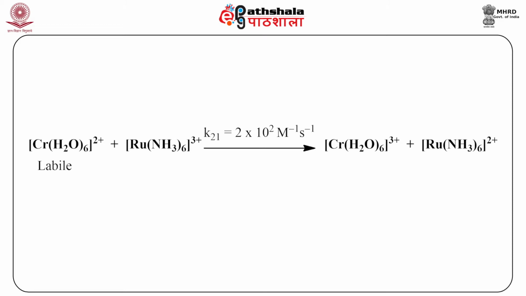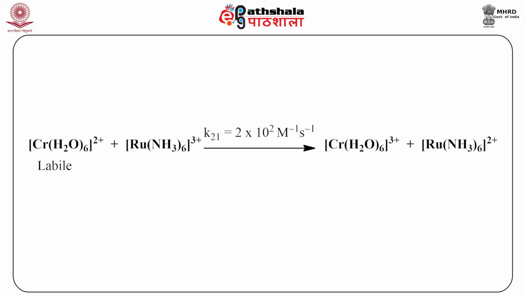So finally chromium is going to be stabilized by converting chromium 2 to chromium 3, that is D3, and of course ruthenium 3 plus, that is D5, is getting one electron and is converted to ruthenium 2, and it is D6.